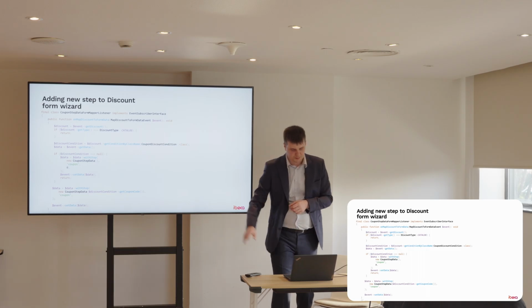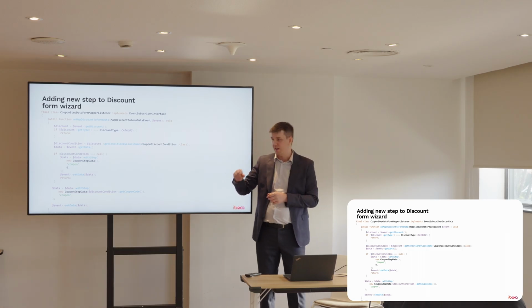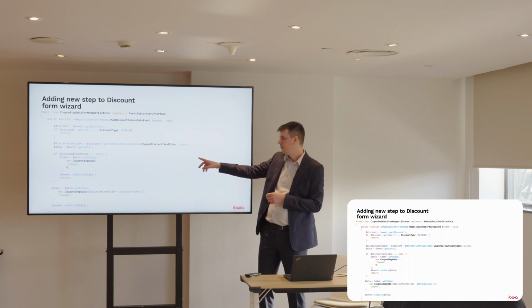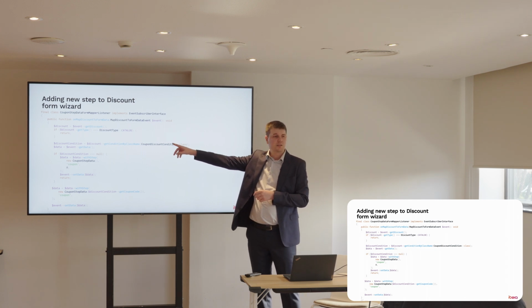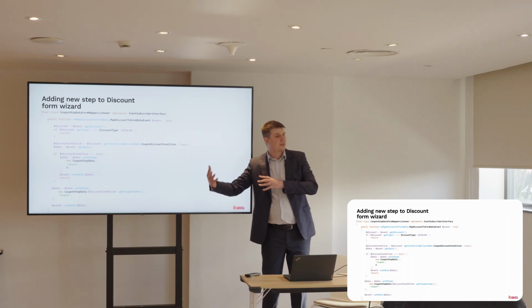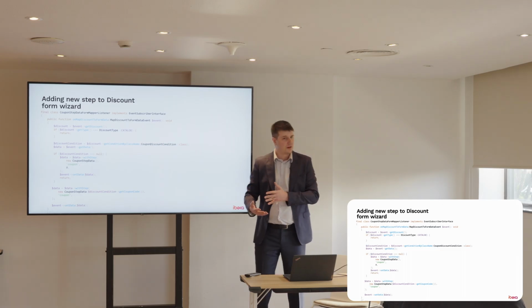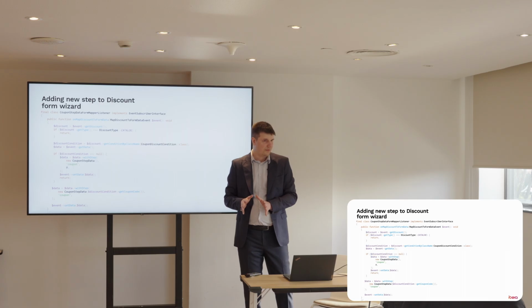And this is a counterpart for the case where we're dealing with a discount that already exists. It's mostly the same. It checks the type of the discount, not the data, because when we're dealing with an update form, we're updating a discount that already has the type, and we cannot manipulate this one. If we want to change the type of the discount, we need to create a new one.